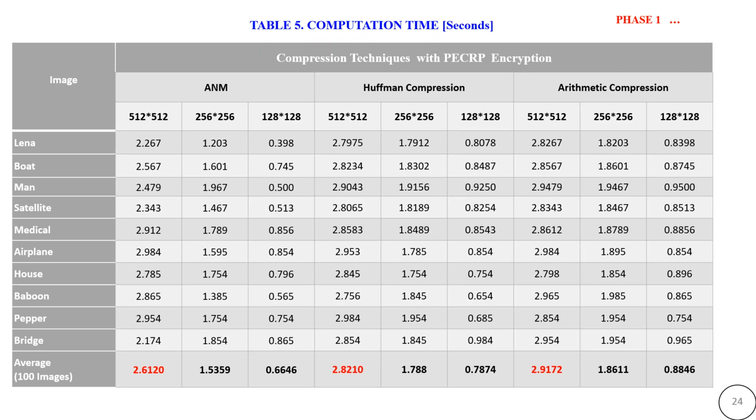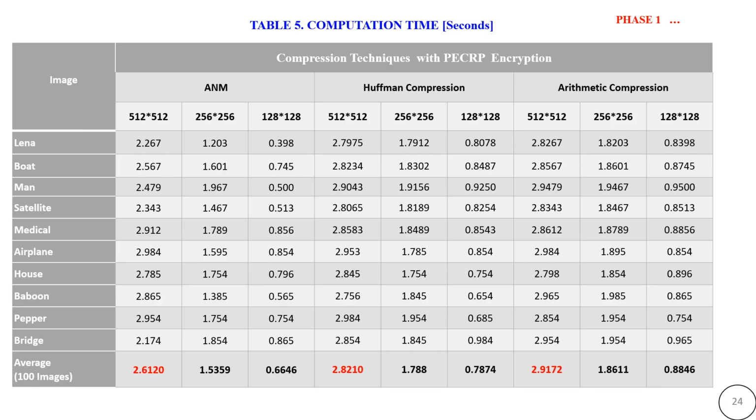The computation time table shows the computation time of the method. The type of processor, and the compression and encryption techniques, are important for computational speed.